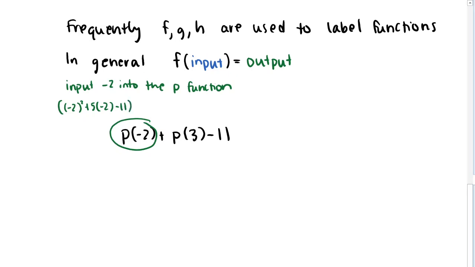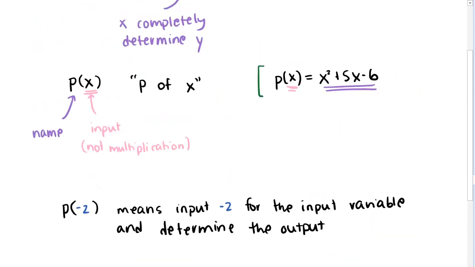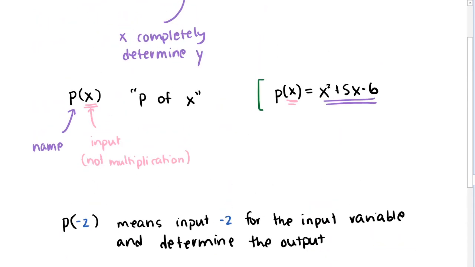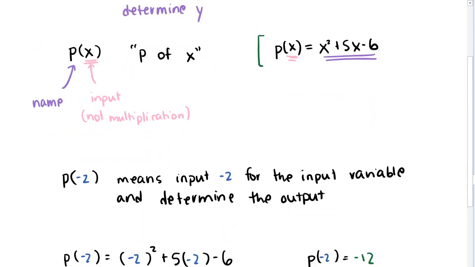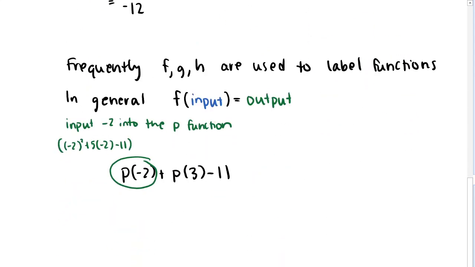Because our function above is x squared plus 5x, why did I say minus 11? It should be minus 6. So our function above is p of x equals x squared plus 5x minus 6, and this is just saying replace x with negative 2 and compute the result.